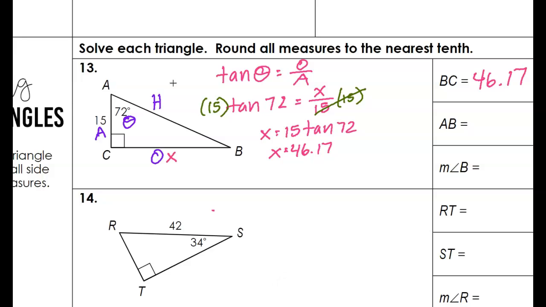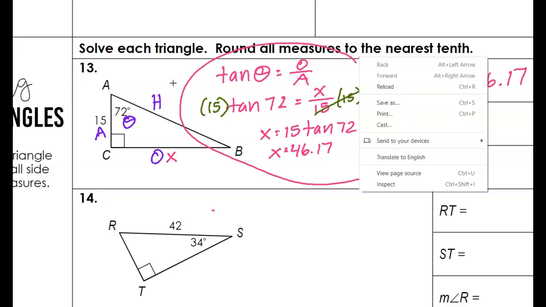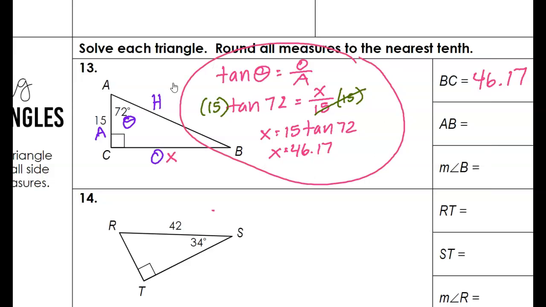Now either you can use trig again to solve for h, or, since we now have two sides of a right triangle, you can also use the Pythagorean theorem.